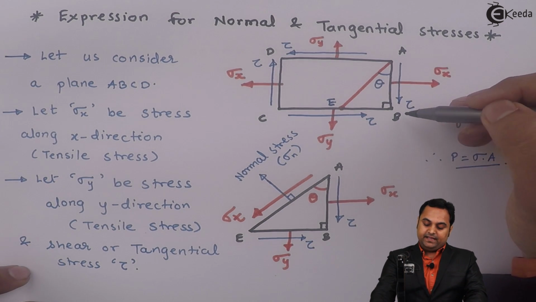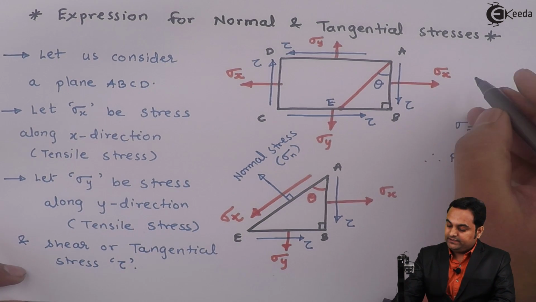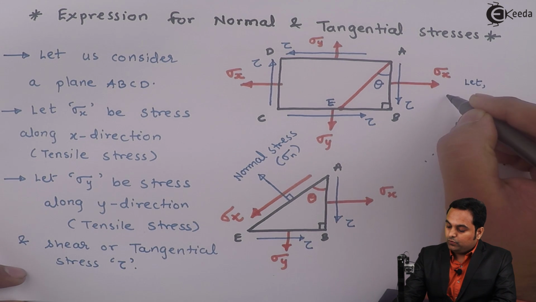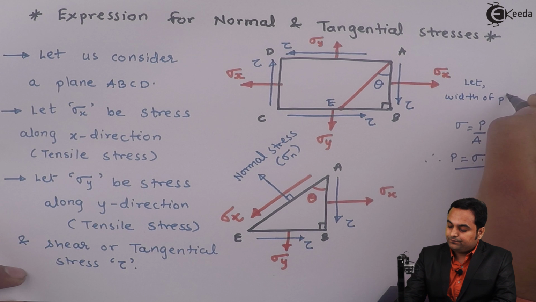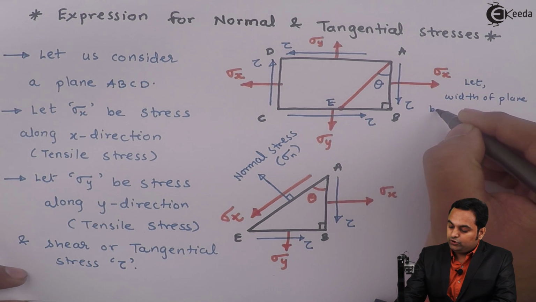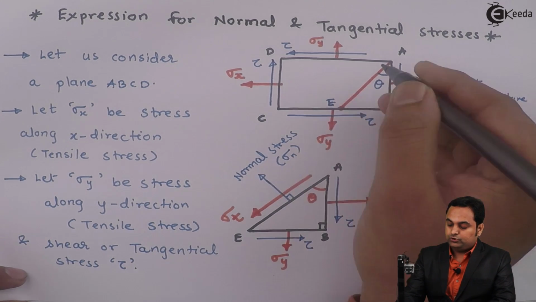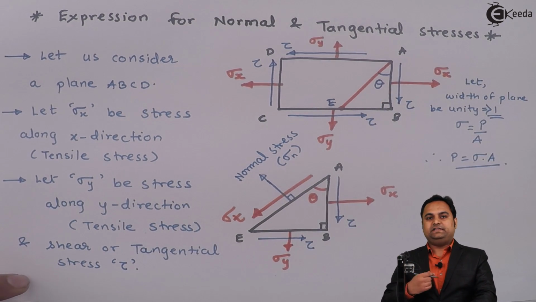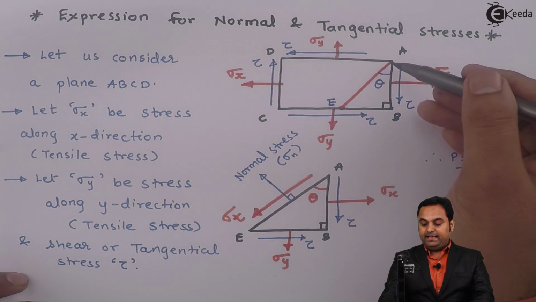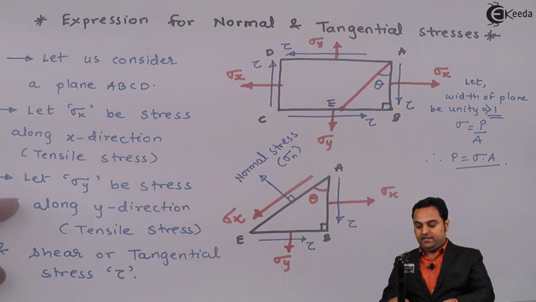If I consider AB, I'll say that let width of plane be unity, that is equal to 1. So here if I am assuming the width as unity, area becomes AB into 1, which is AB.